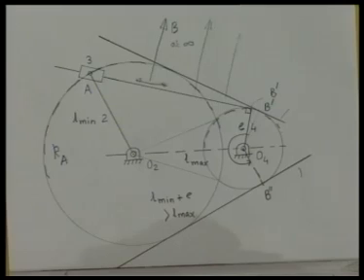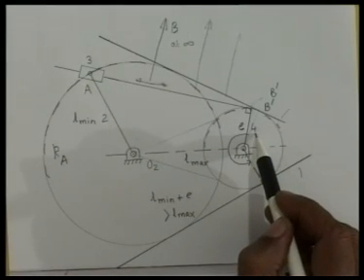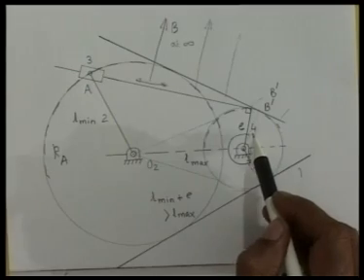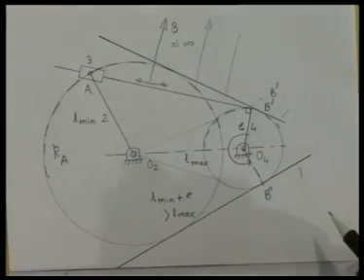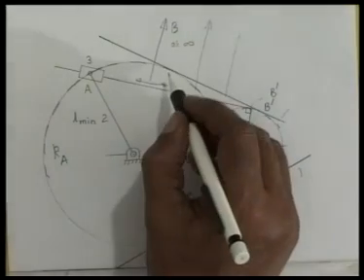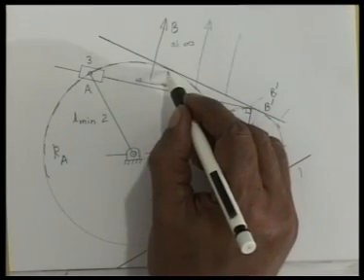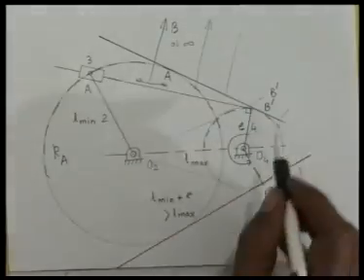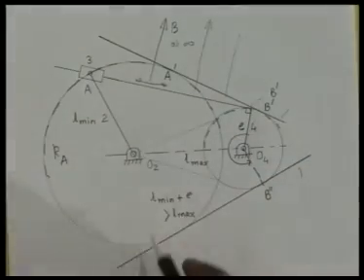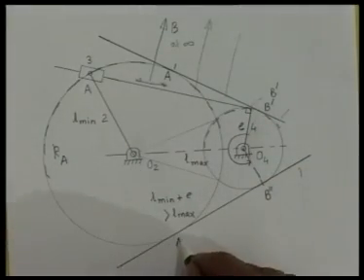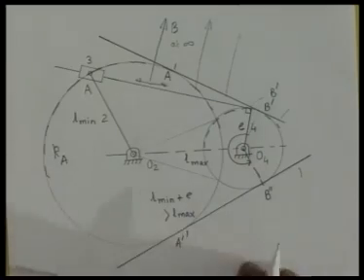Let me find where is A now. These are the extreme positions of link 4, because as we will see, O2A and AB has become collinear now, because A is here, which I call A prime, and A is here, which I call A double prime.